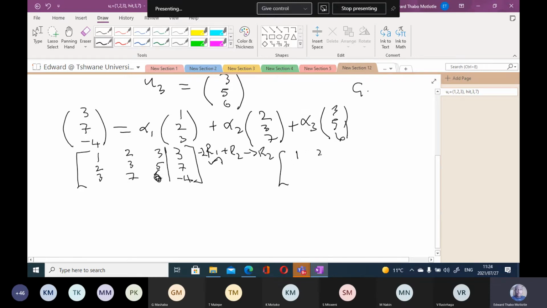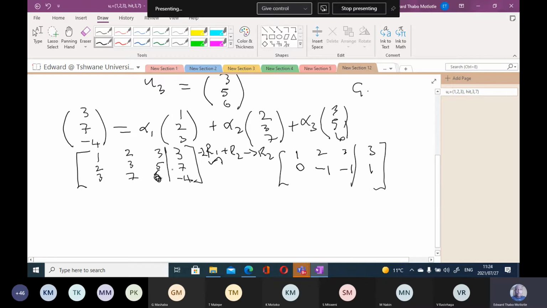So this is 1, 2, 3, and 3. So this will be equal to 0. You multiply by minus 2, there is minus 4 and 8. This will be minus 1. Minus 2 times 3 is minus 6, and 8 minus 6 gives this, minus 1. Minus 2 is minus 6 there. Multiplied by 3, minus 6, and 8. This is 1.